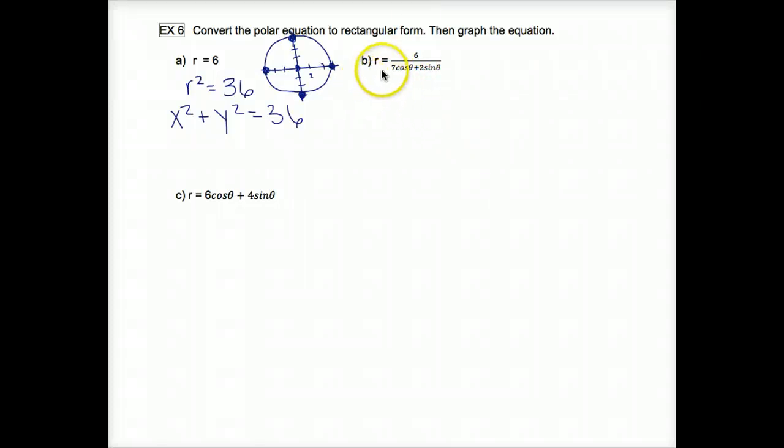Okay, next one, I've got a bunch of stuff on the bottom here. So what I would do first here is multiply both sides by the denominator.